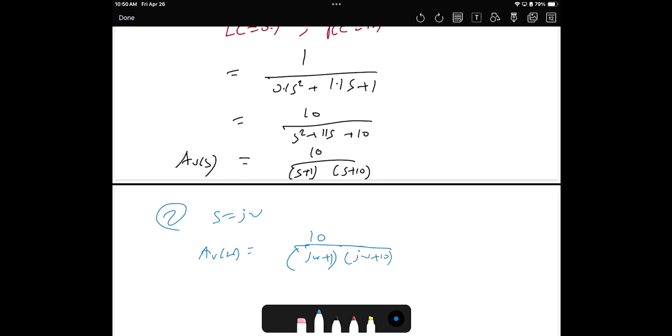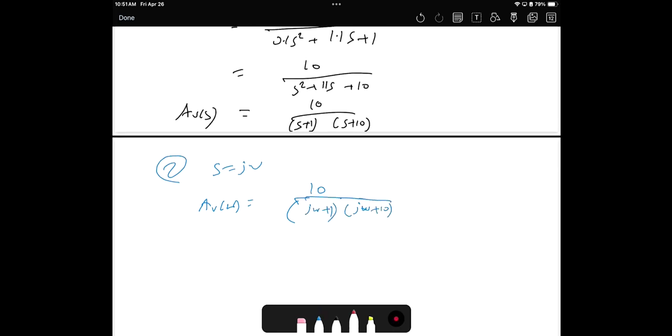Okay? Our target is to make it like 1 over 1 plus j omega over omega_c. What limits our ability is the existence of the 10. We need to make it as 1. So what I'm going to do is multiply by 1 over 10 and 1 over 10 for both.